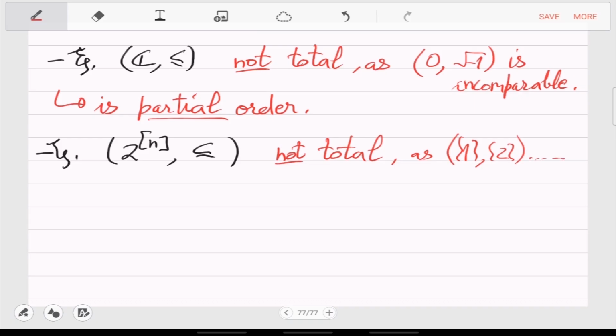So again 1 and 2 are incomparable, and neither is 1 contained in 2 nor is 2 contained in 1. But sometimes you can compare, so it's a partial order. And importantly, it is reflexive, so A can be compared with A, anti-symmetric, right? A contained in B, B contained in A, then they better be equal. And transitive, again clear. So this is a partial order.